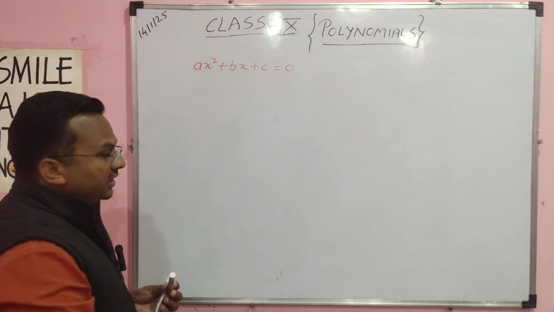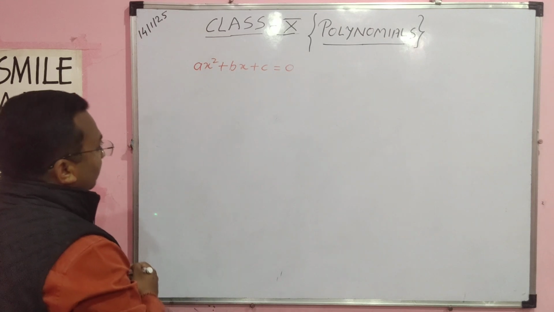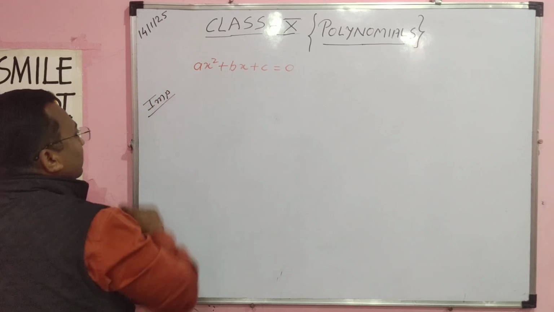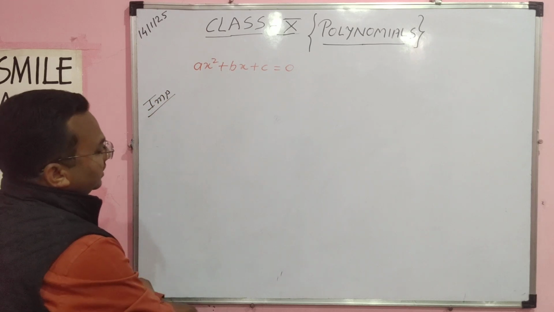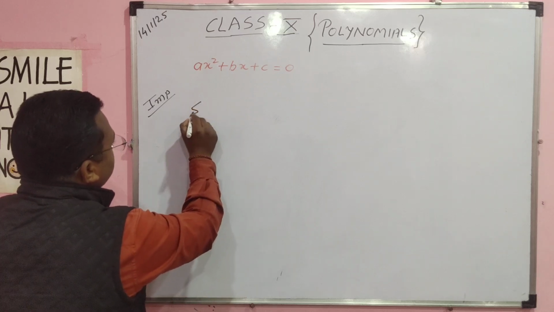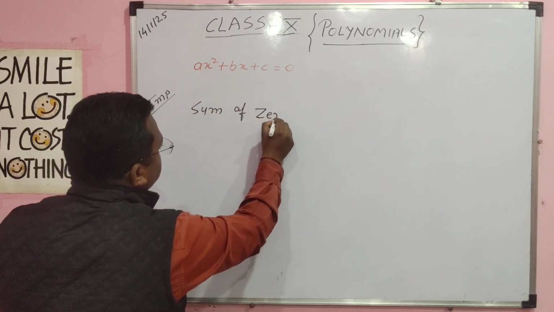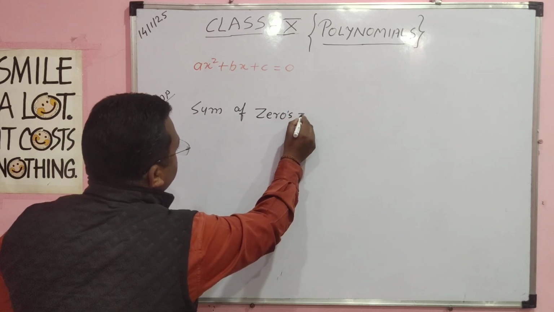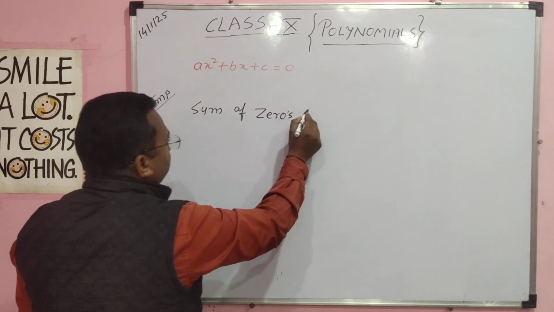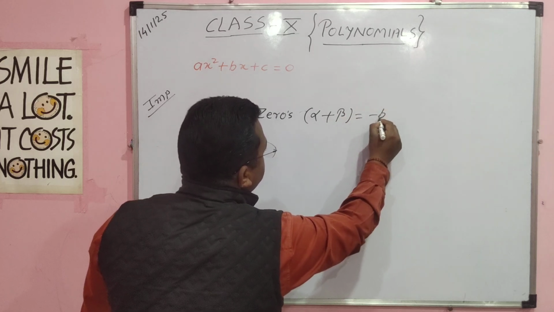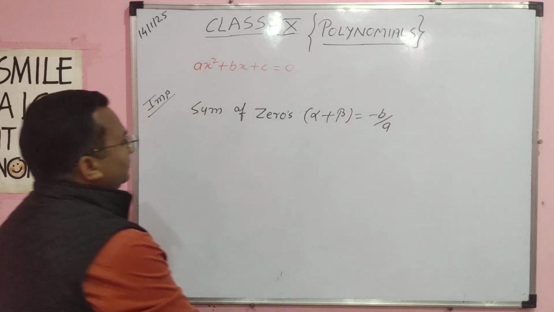Clear? And the most important concept for chapter number 2, polynomials, is sum of zeros. Sum of zeros means alpha plus beta equal minus b upon a.